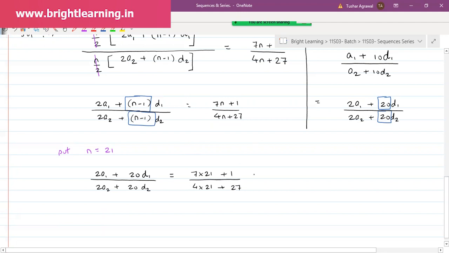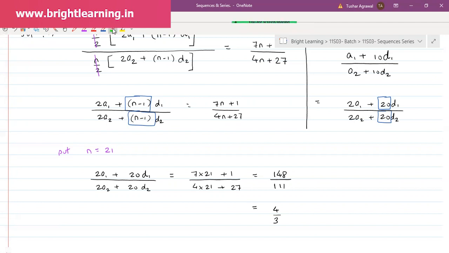So this is 147 plus 1, that is 148, and the denominator is 84 plus 27, this is 111. Both are divisible by 37: 4s are 148 and 3s are 111, so this is the answer, 4 upon 3.